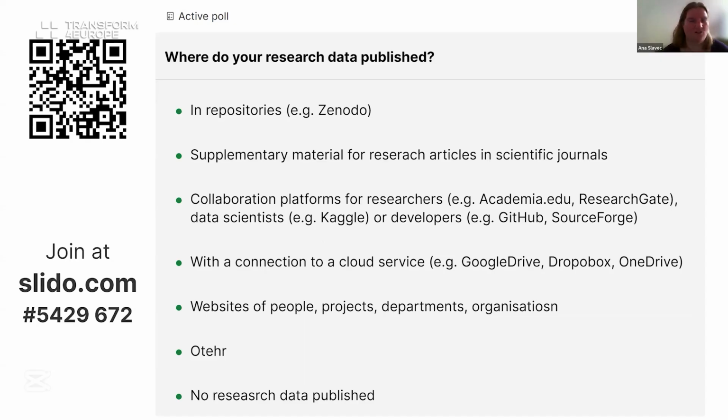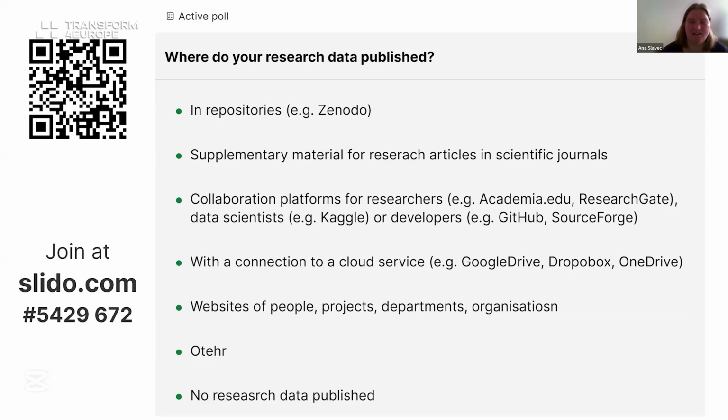Before I show the results, just a comment that, of course, it's very good to use these developer platforms such as GitHub, but at the end, GitHub is intended as a working environment for when the research analysis is happening.